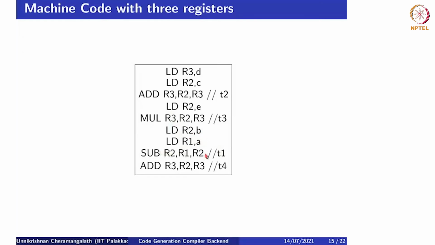Now R2 holds T1, R1 is free, and R3 holds T3. Then you add R3, R2, R3, and the value of T4 is computed in R3. This is for an expression. Is it clear?